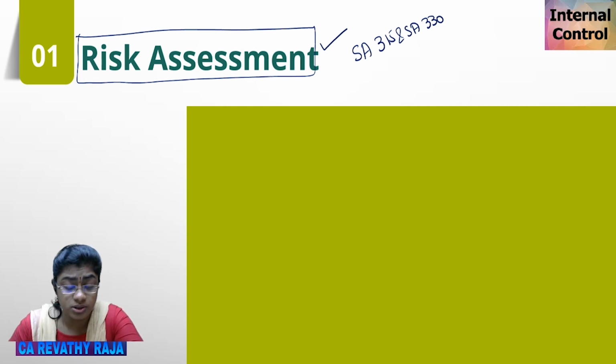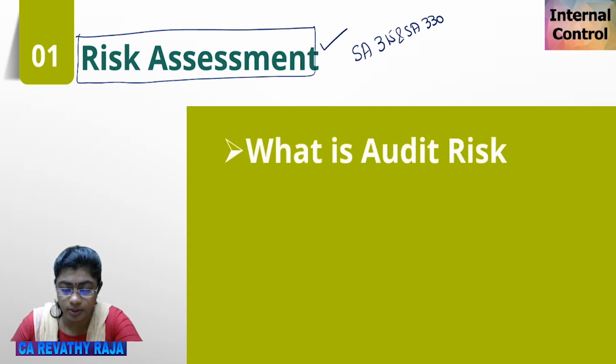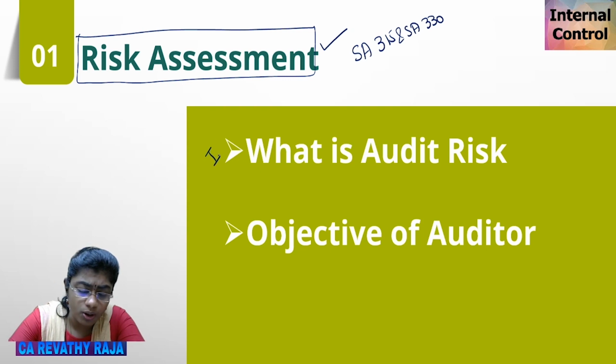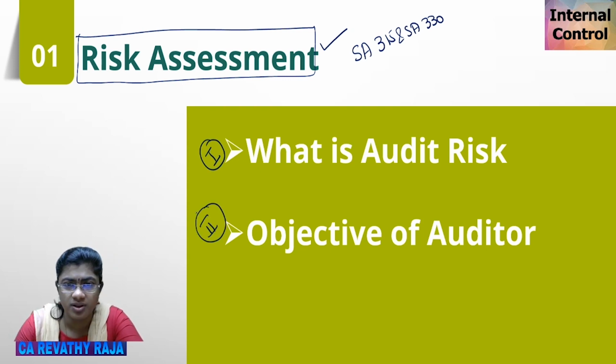Clear? So, what all things are we going to cover here? First, what is audit risk? Second, as an auditor, what is your objective in SA 315? And finally, to assess the risk, shouldn't you understand the environment? The SA name tells us so.